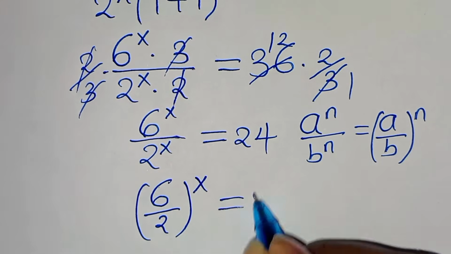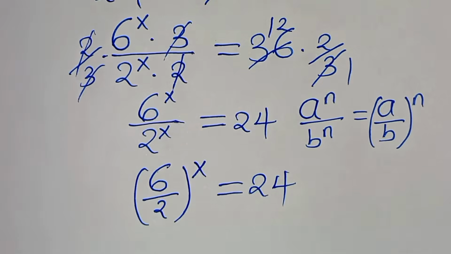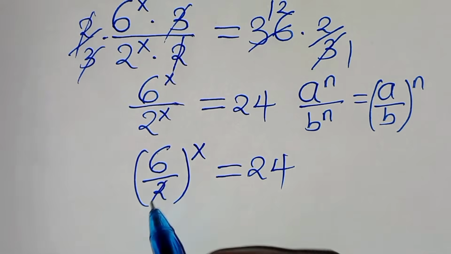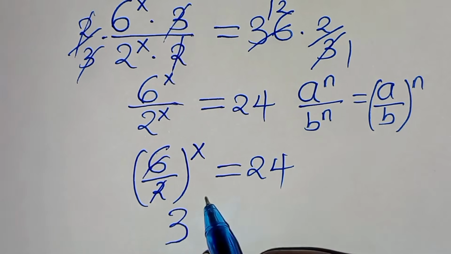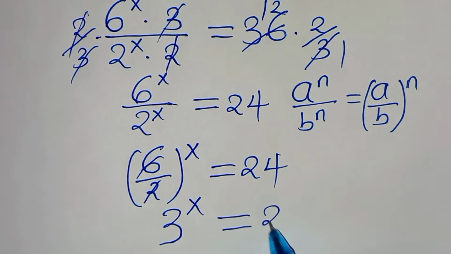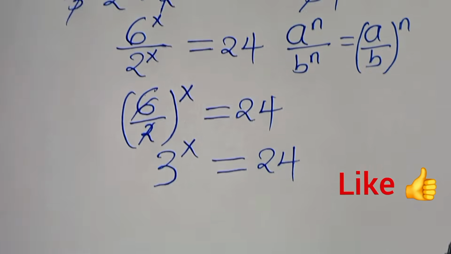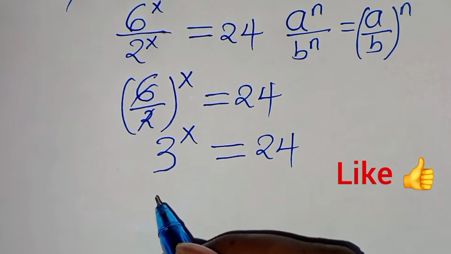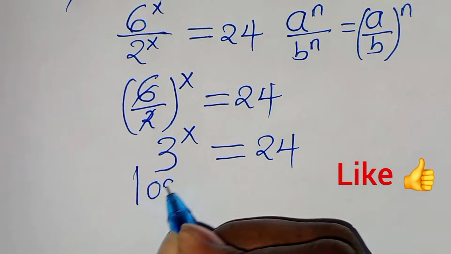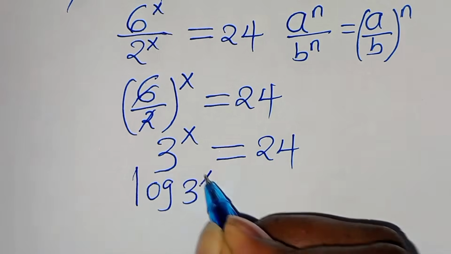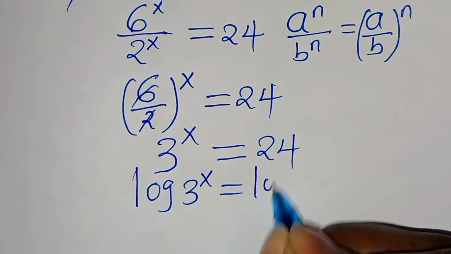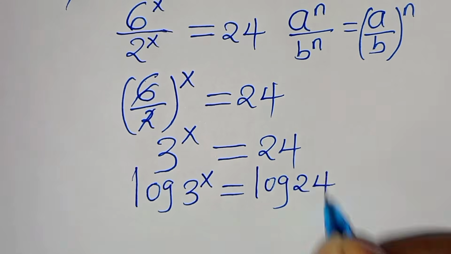This is equal to 24. Now, 6 over 2, this is the same thing as 3 to the power of x, which is equal to 24. To solve for x here, we introduce logarithm on both sides, so that we have log 3 to the power of x. This is equal to log 24.